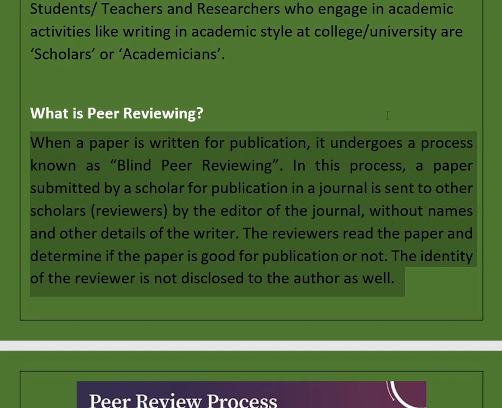It will be sent to a reviewer. The reviewer will read it and determine whether the paper is good for publication or not, and you will not know the real identity of the reviewer as well. This process of examining a particular work before publication is called peer reviewing.